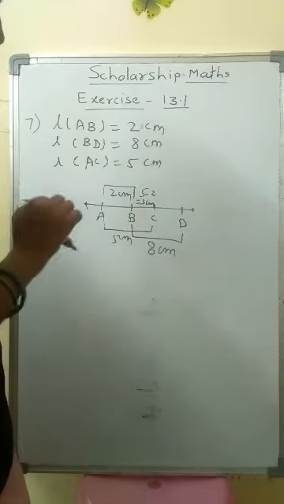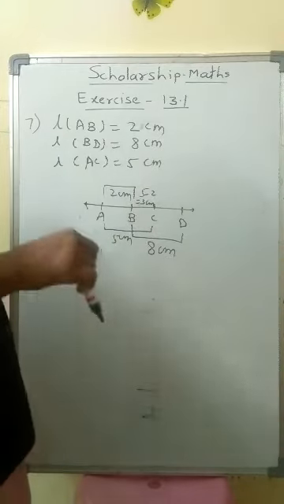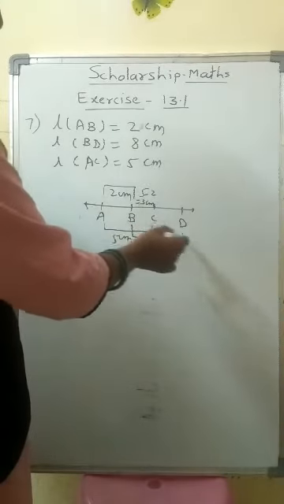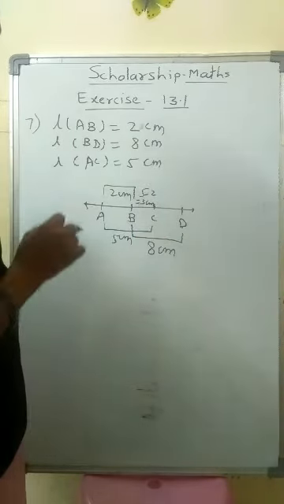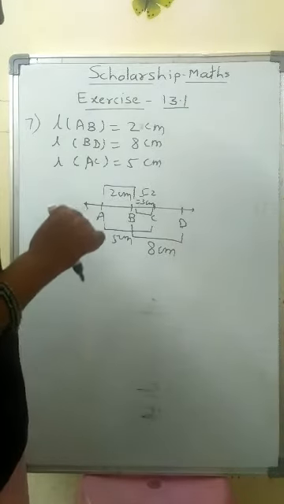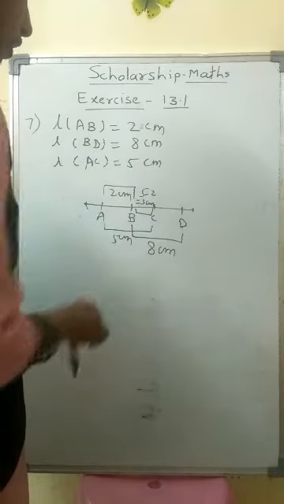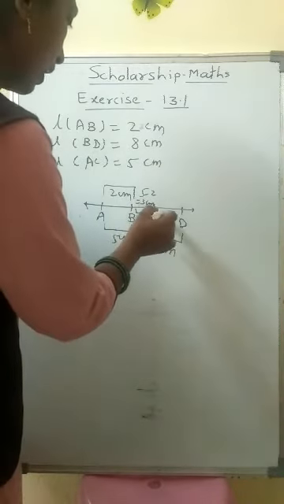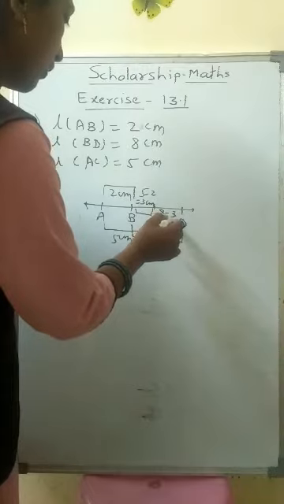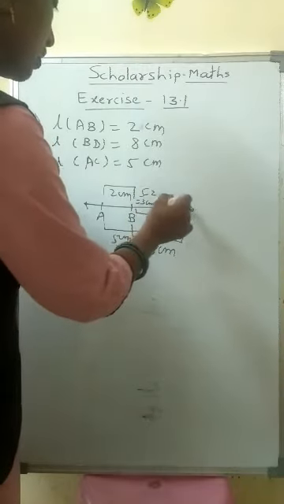Again, what will be the distance of CD? Length of BD is 8 centimeters and length of BC is 3 centimeters, so we subtract 3 from 8. 8 minus 3 equals 5 centimeters. This is the distance of CD.